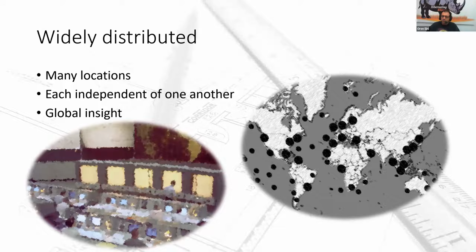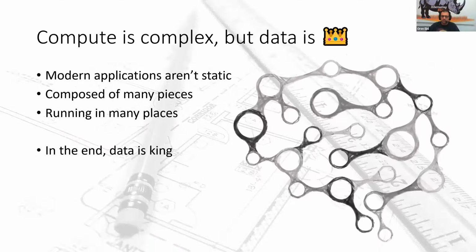And that leads to a really interesting observation. Compute is interesting, and you have many ways of doing that. But at the end of the day, the data is king. And an application is something that happens and modifies all the time.